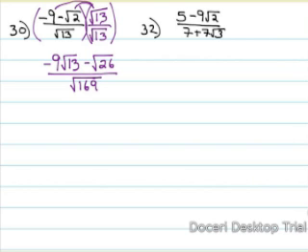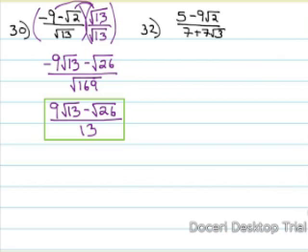So if we simplify one step further, we're going to have 9 square root of 13 minus square root of 26, because there's no perfect squares that go into that, over 13. Now the 9 and the 13 can't simplify. We have only a 1 on the next part of the 13. That definitely can't simplify. And there's no other perfect squares that go into it. So it looks complicated, but that ends up being your final answer.